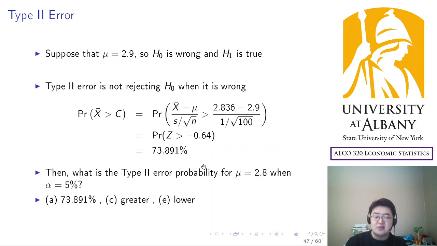Now let's think about this. We assumed 2.9. Then what would happen to this probability when you have 2.8 instead of 2.9? Think about this. I'm going to continue in the next video. Try to answer this.